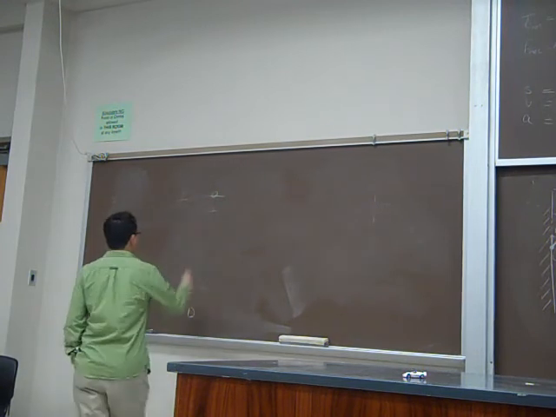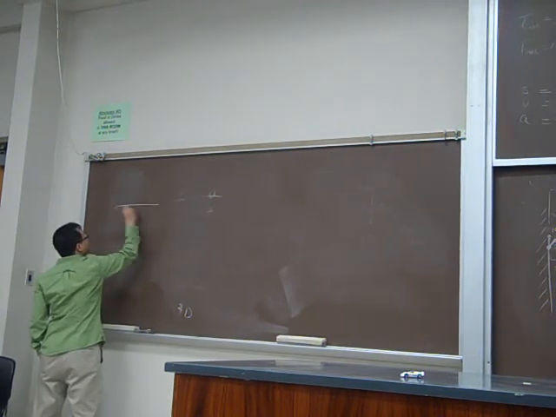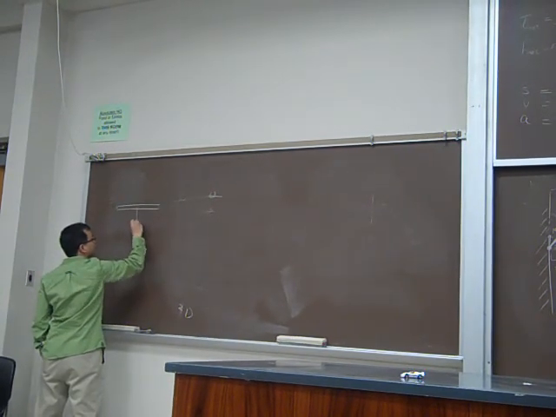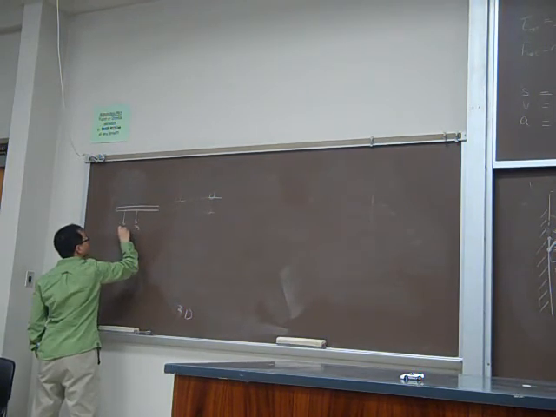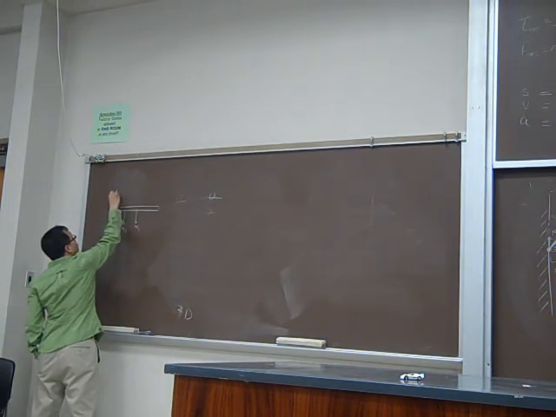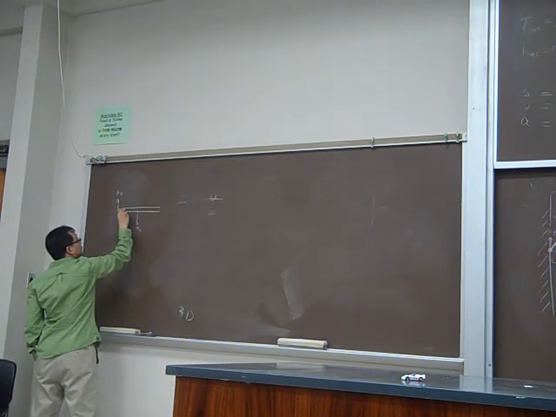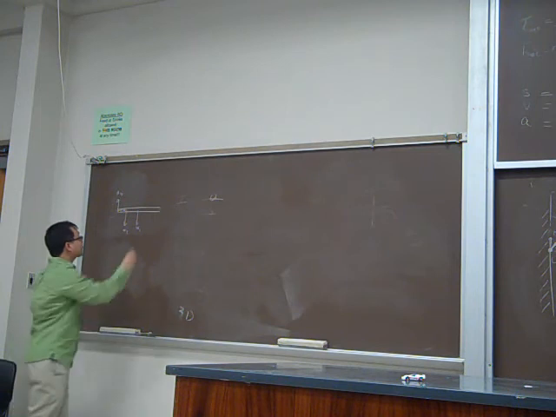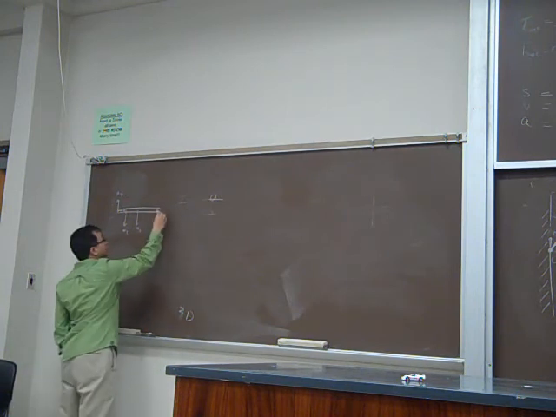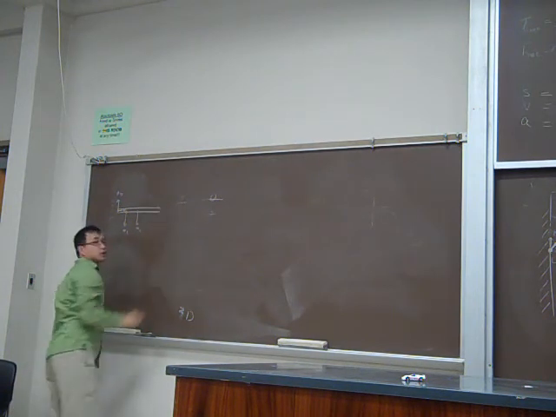Let's look at all the forces. You have W1, W2, Ny, Nx, and now we have tension T along this direction.